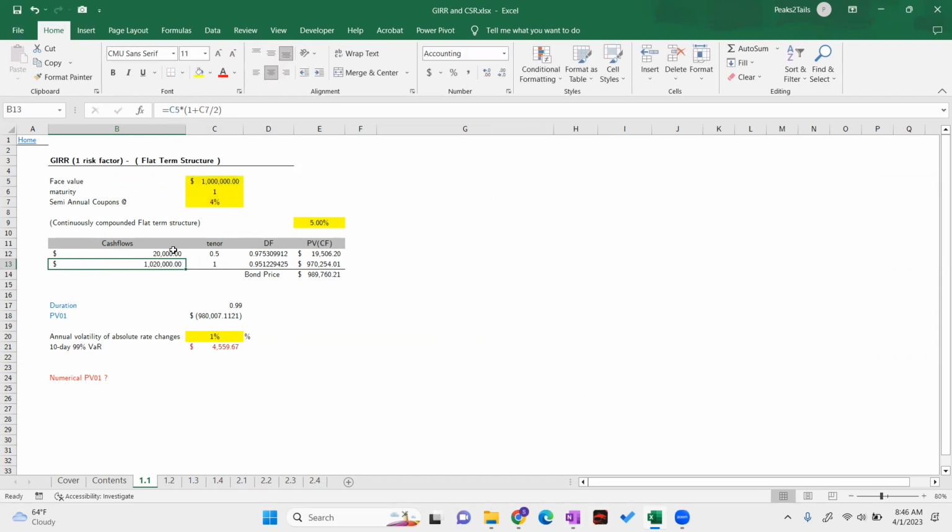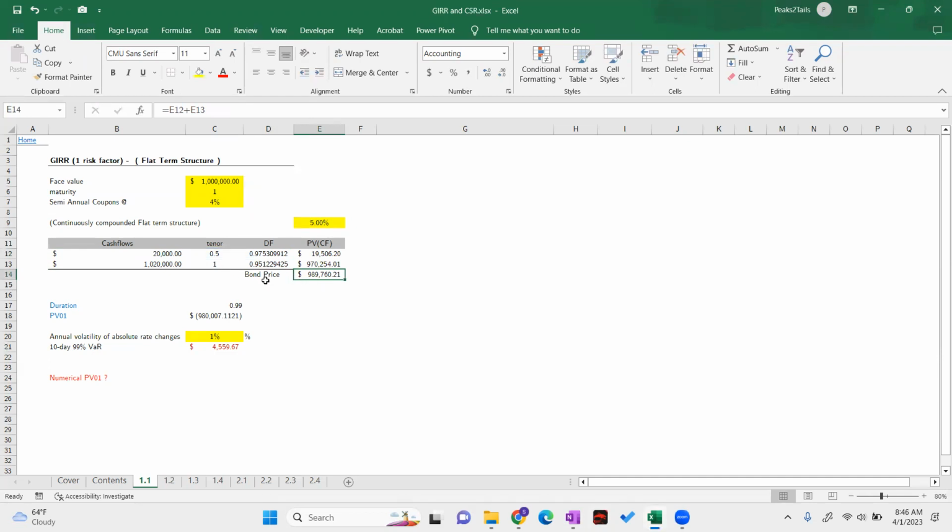This is the cash flow structure. The discount factor is e to the power minus the tenor times yield, which is constant, so you take 5% everywhere. Just multiply the tenor, e to the power minus 5% times 0.5. This is e to the power minus 5% times 1. That's the discounting factor. Present value of the cash flow, this times this. Add these two present values, get the bond price. That's what we know already.